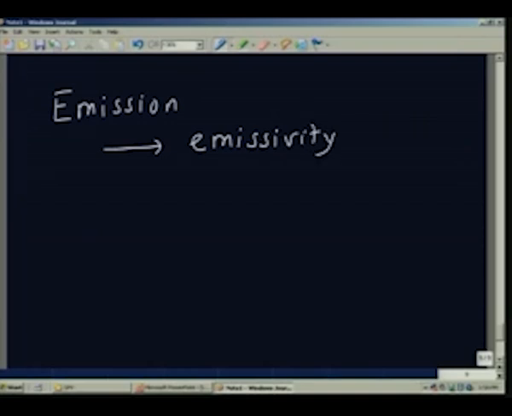So, what I am going to do is to look at how to define this quantity called emissivity. Emissivity has something to do with the amount of radiation emitted from the surface. Now, how do I characterize that?